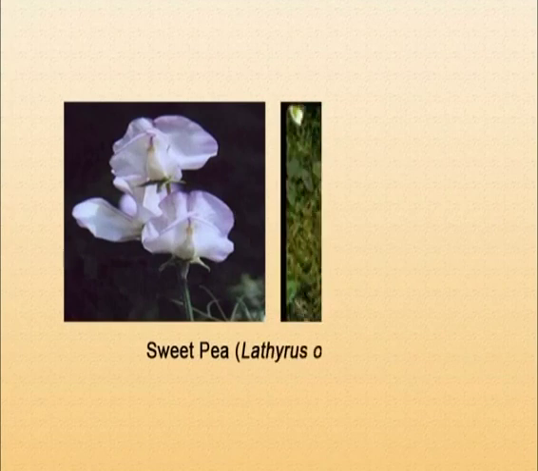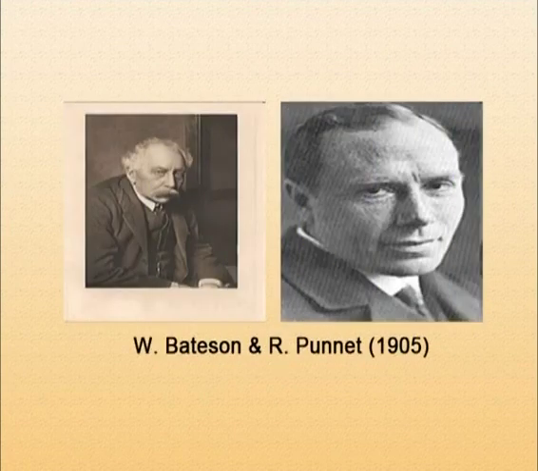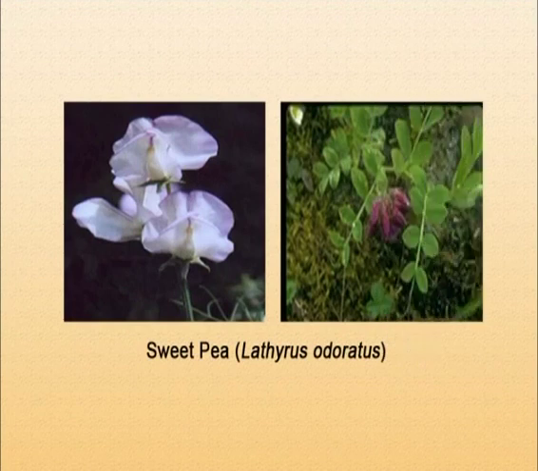The first evidence of linkage as an exception to independent assortment came from experiments with sweet pea, botanically named Lathyrus odoratus. Bateson and Punnett, 1905, crossed two varieties of sweet pea that differed in flower color and pollen length.